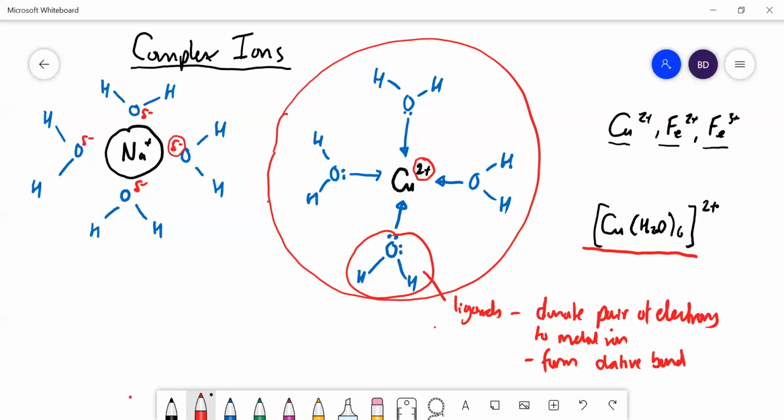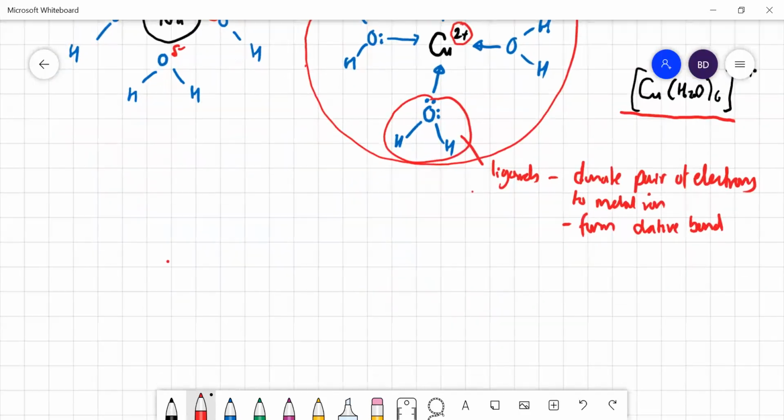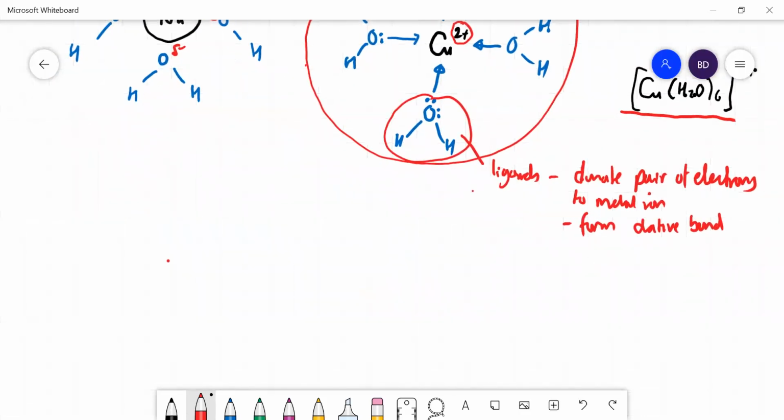You've got 6 of them, and they get as far away from each other as possible in an octahedral fashion. So if I draw a sort of flat plane like that, you're going to have your copper in the middle, and you're going to have the water molecules here, a dative bond, one there, one there.